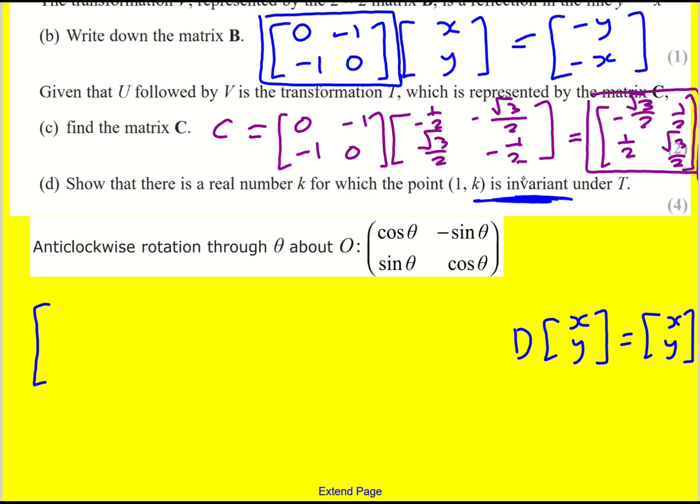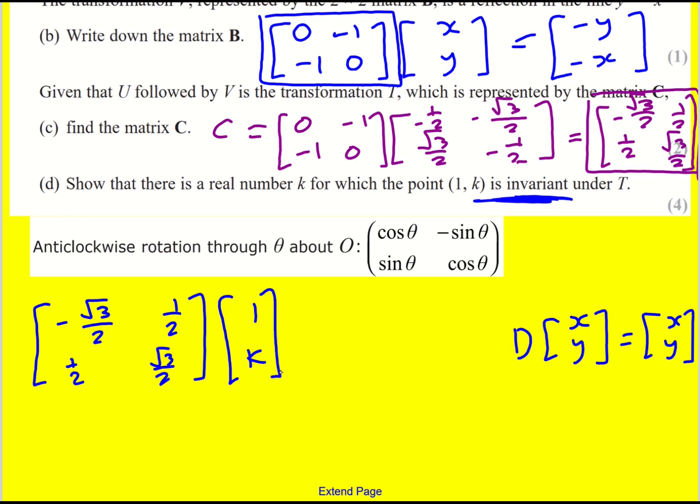That's how we can show it's invariant. So all we have to do is take our matrix that we just found, minus root 3 over 2, a half, a half, root 3 over 2, and apply it to this point, (1, k). And then that is going to equal (1, k). We're going to apply that and then work out what k is, because then that coordinate will be invariant.